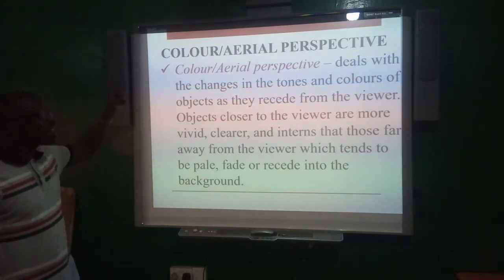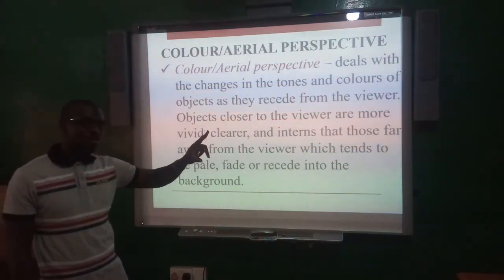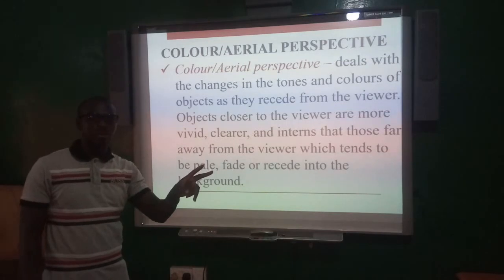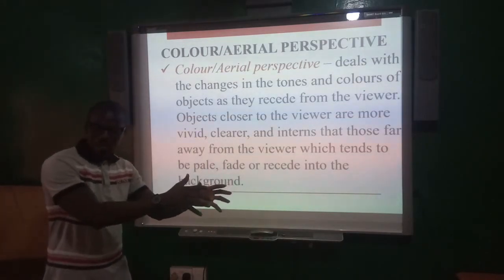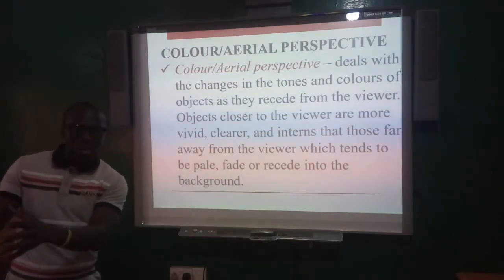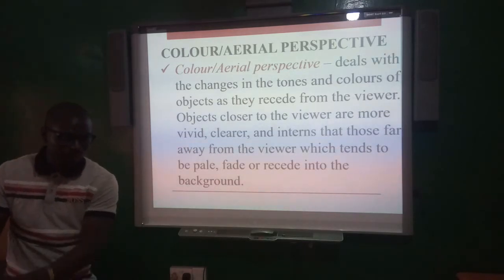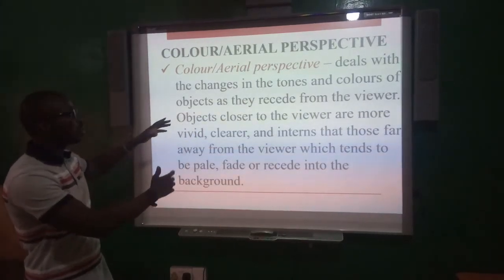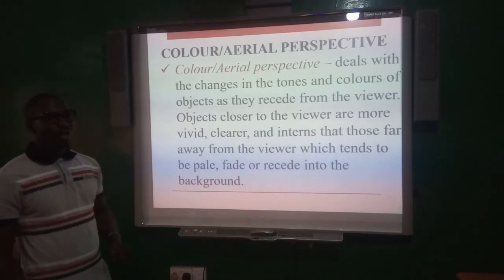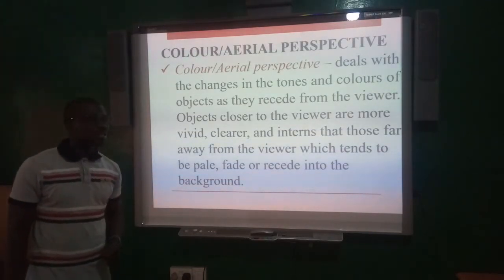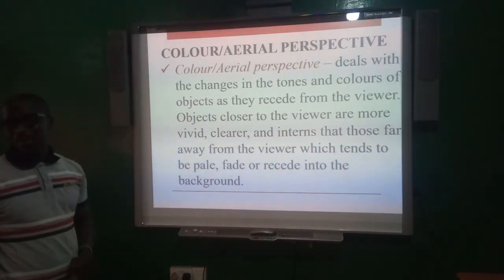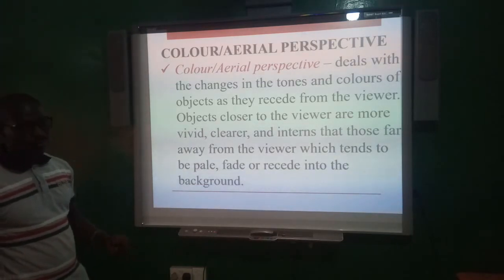Now let's look at the other type of perspective. Mind you, we said we had 2 types of perspective, which is the linear perspective and the aerial or color or atmospheric perspective. So we are done with the linear perspective. Let's come to the second type, which is aerial or color perspective or atmospheric.